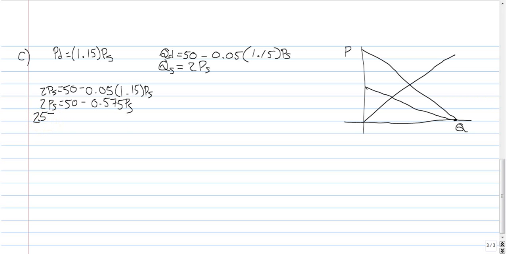There should be a decimal place in there. Okay, and we'll divide those off. That can't be the right answer. 50 divided by 2.575. That's better. So PS is 19.41.